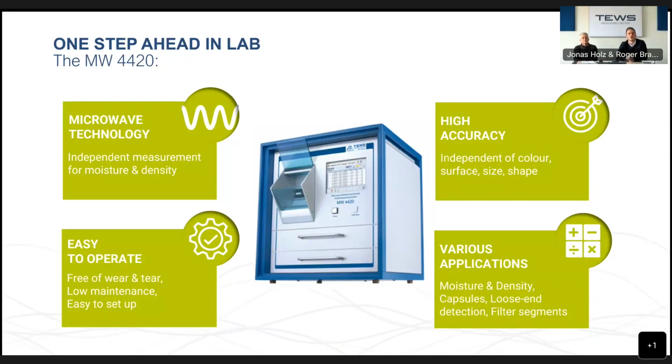Just like all our devices, it is based on our patented microwave technology. This technology allows us to measure two parameters independently, which are moisture and density, which is a very unique feature for our technology.